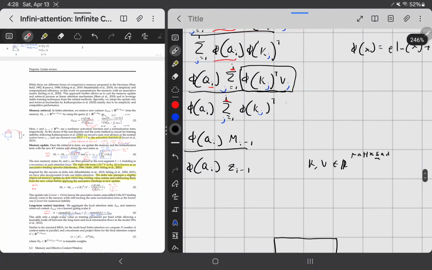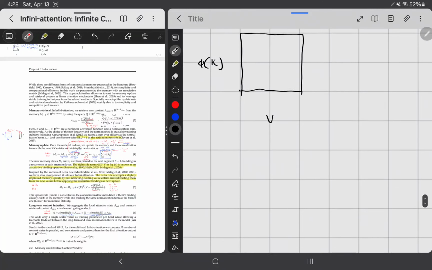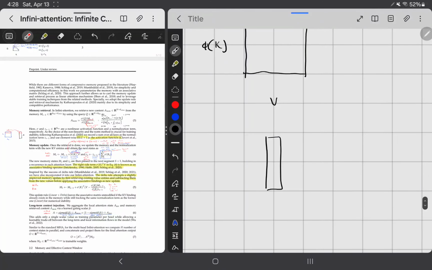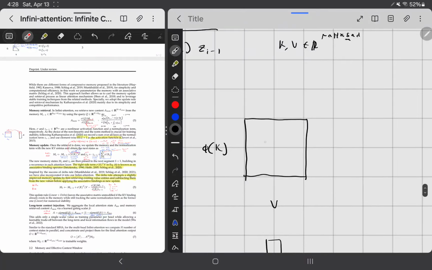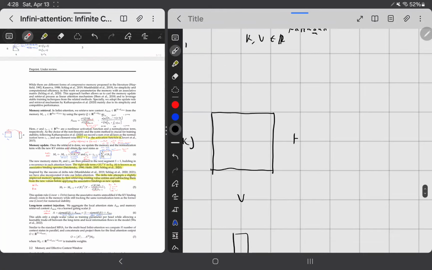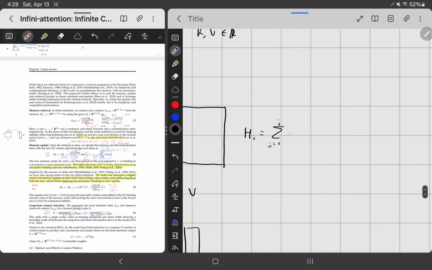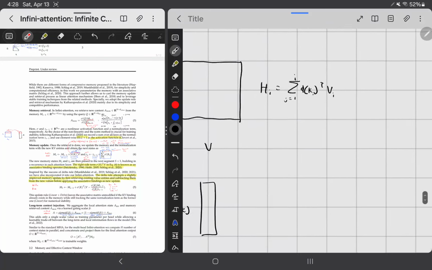And you also have this second hidden state here, the normalization factor, which is just going to be a vector storing phi of k. So the hidden state at i is equal to the sum, j equals 1 to i, of phi of k_j transpose times v_j.